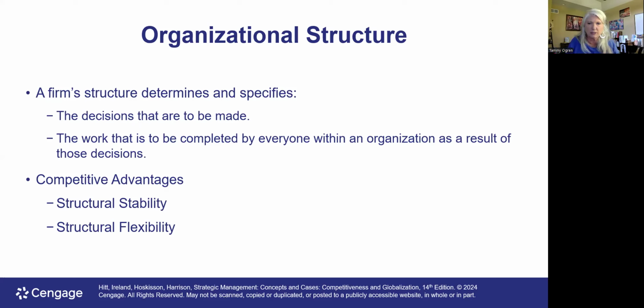Organizational structure is how we formally have formal reporting relationships, who reports to who, how do we get work done, what are the relationships between how one department and another gets that work done, what procedures are in place, and how do we measure and control those activities.